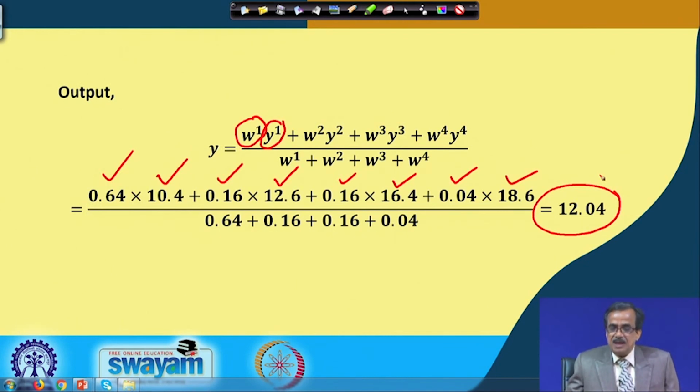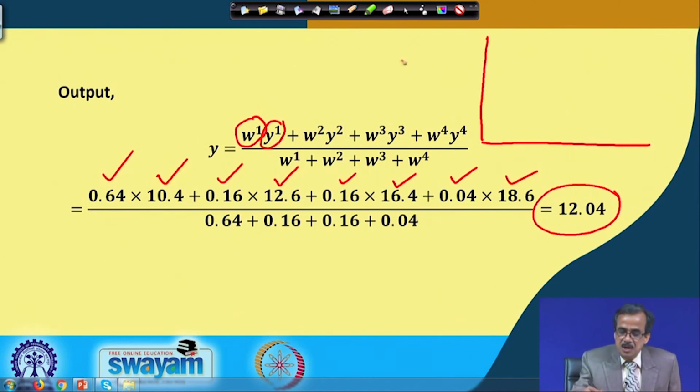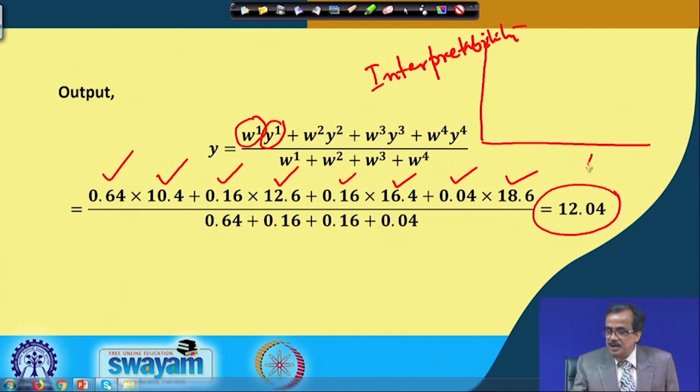Now, we have already discussed, if we plot interpretability versus accuracy, supposing that here I am writing interpretability, and here I am writing the accuracy. Till now we have discussed two very popular approaches of fuzzy reasoning tool: one is the Mamdani approach and another is Takagi and Sugeno's approach.